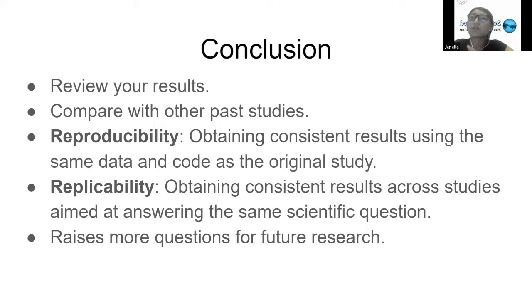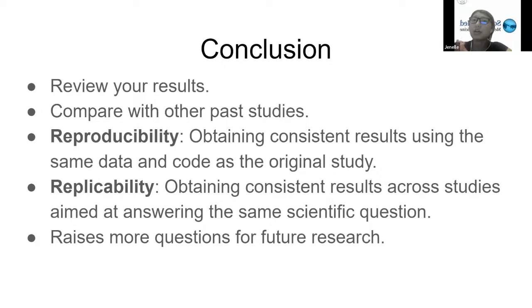So reproducibility is being able to obtain consistent results using the same data and code as the original study. So as in, if you were to do the experiment with your team and repeat it, I don't know, 3, 4, 5 times, you would be getting the same results those 3, 4, 5 times, following all of the exact same processes that you did the first time.